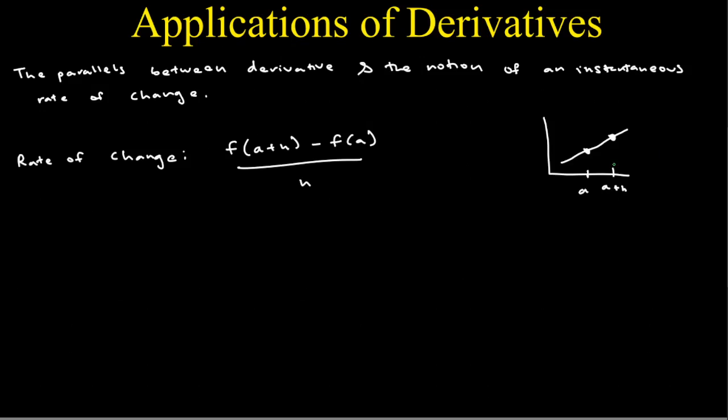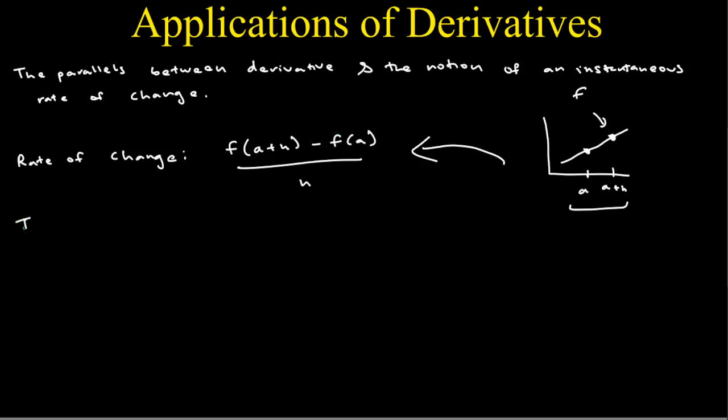Hopefully you see how to go from being asked to find that slope to this equation. We're just doing y2 minus y1 divided by x2 minus x1. So y2 is f of a plus h, where f is some function, and y1 is f of a. Then x2 is a plus h, but when we subtract a, we're left with h.